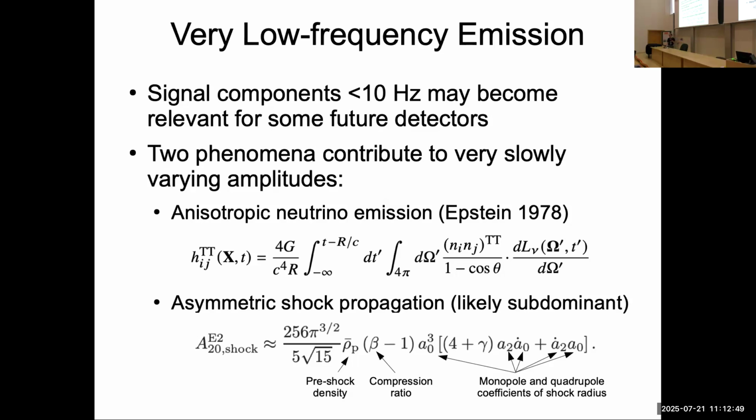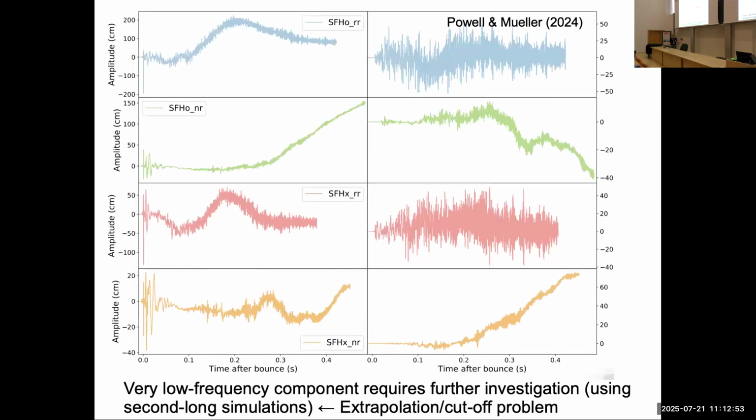Again, we've known that for a long time. Many of us have written about that in our papers. The reason, though, why we have never delved into that so much was that, by that time, everyone was just talking about the detectors in the 10 hertz to 1 kilohertz range.